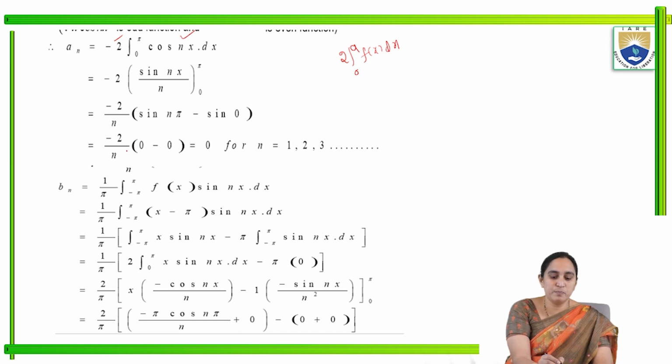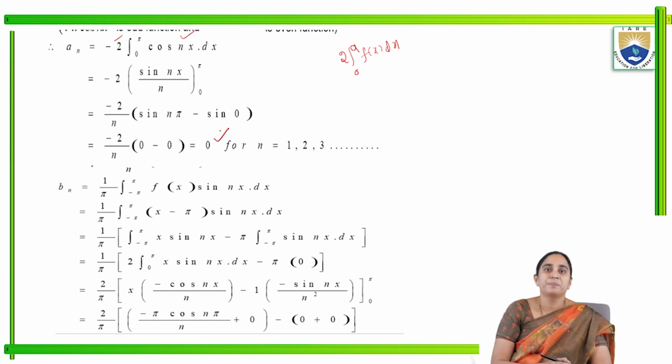Directly we know that sin n pi is 0 and sin 0 is 0. If you take the limits 0 to pi, then sin is always 0. Therefore, the value of an is equal to 0.